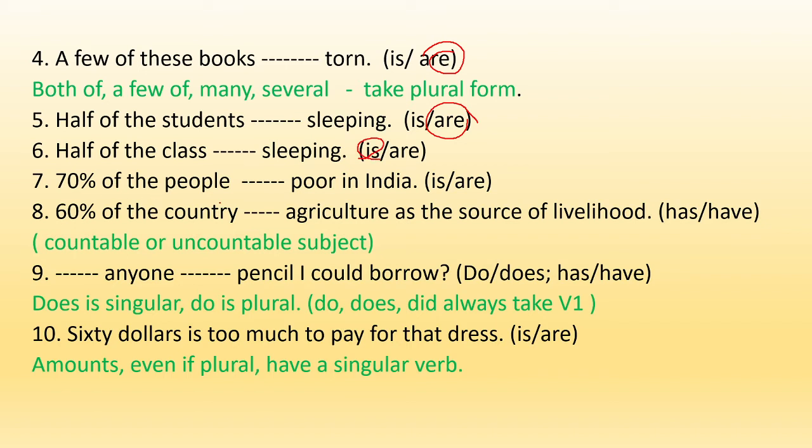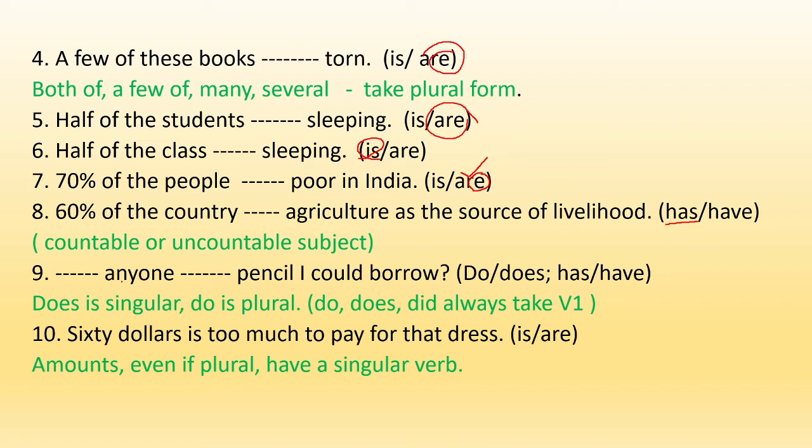Now 70% of the people, again people are countable. So they are poor in India. Then 60% of the country. Now here country is uncountable. So 60% of the country has agriculture as the source of livelihood. So you have to take care whether the subject is countable or uncountable.